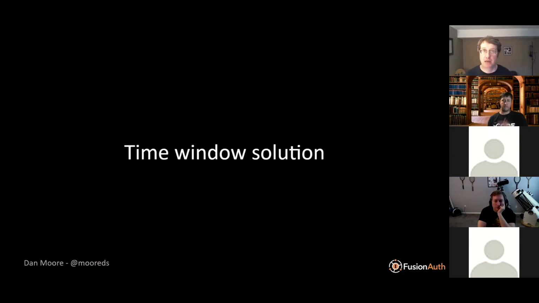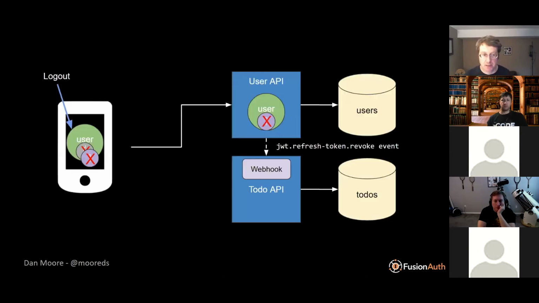And this is a little complicated, so I'm going to walk through it slowly, but please let me know if it doesn't make sense. The idea is that the To-Do API gets a notice, not just when a user is deleted, but when a user's refresh token has been revoked, which basically means they've logged out.